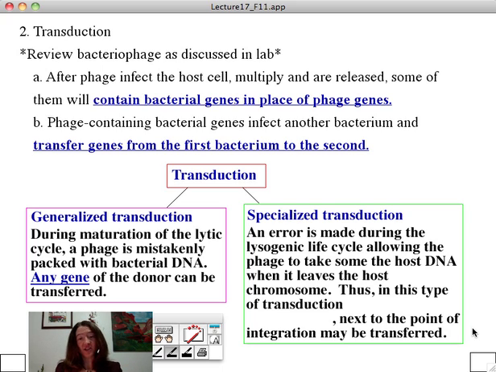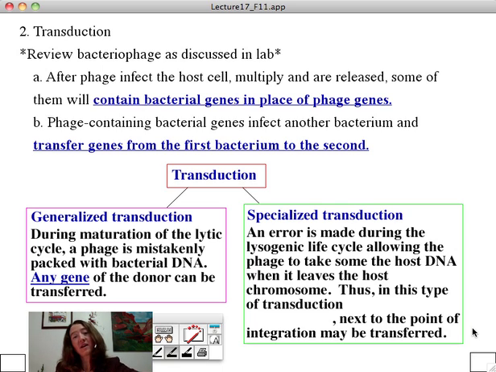Now, generalized transduction contrasts with specialized transduction. Specialized transduction can only happen in the lysogenic pathway, because what happens here is that after the phage genome has integrated into the host cell chromosome, sometimes that phage genome makes an error in excision. So you can picture that it's firmly placed itself into the genome of the host cell, and so it's flanked by bacterial DNA on either side of the viral DNA.